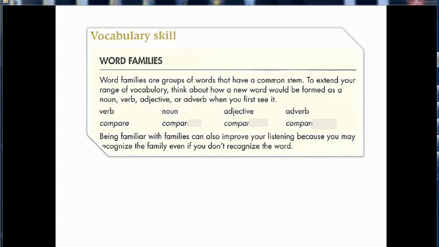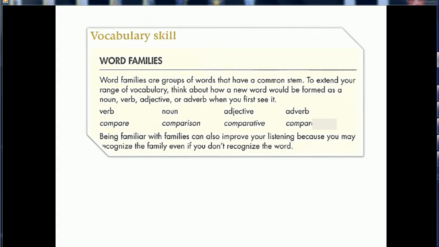Compared, in the noun you say comparison, in the adjective you say comparative, and finally the adverb is comparatively. Notice how the common stem is almost in the same words. As a verb, compare. As a noun, comparison. As an adjective, comparative. As an adverb, comparatively.